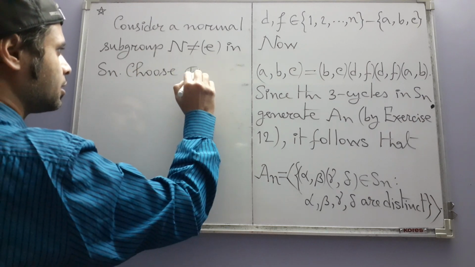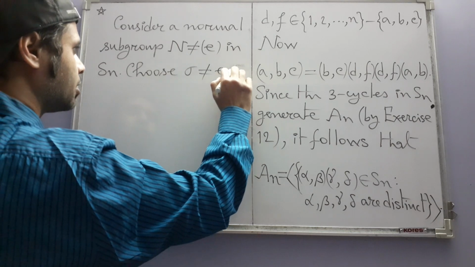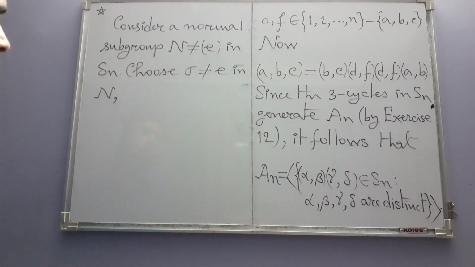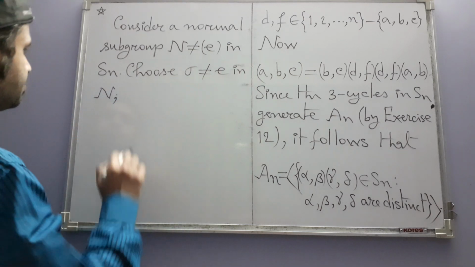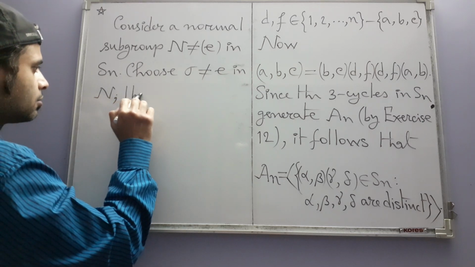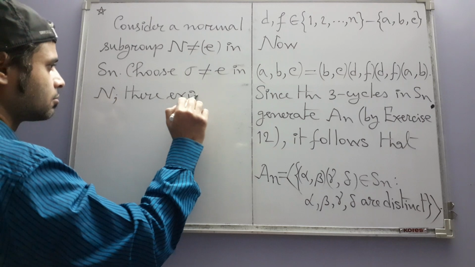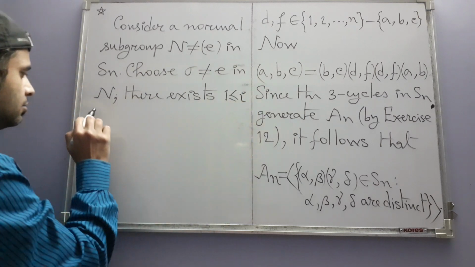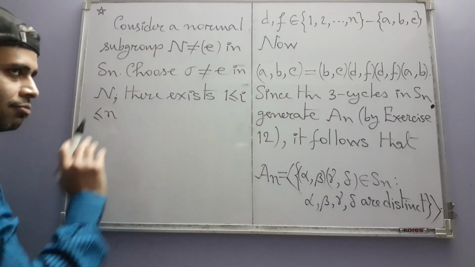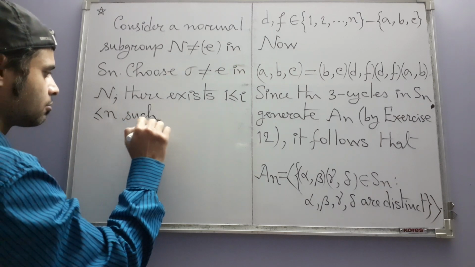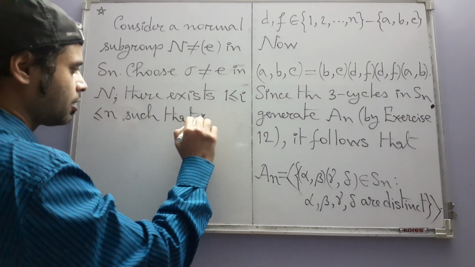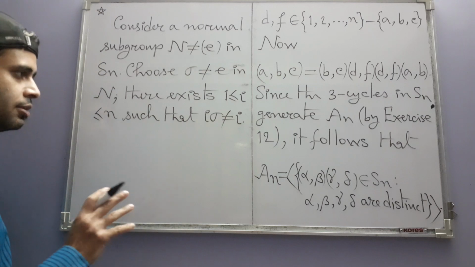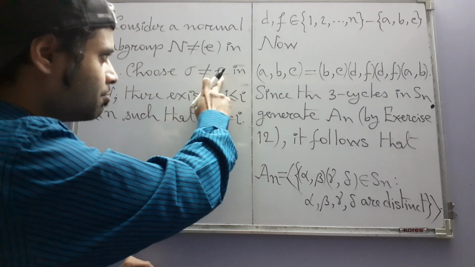So we choose one such element, sigma, not equal to the identity permutation in N. Because sigma is not the identity permutation, there exists some I among the available symbols such that I is mapped by sigma not onto I. That means sigma needs to change something in order to not be the identity permutation.